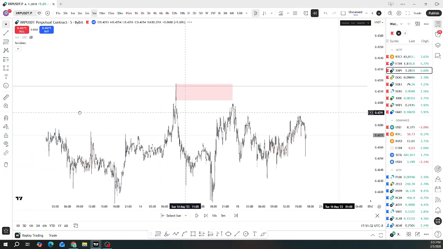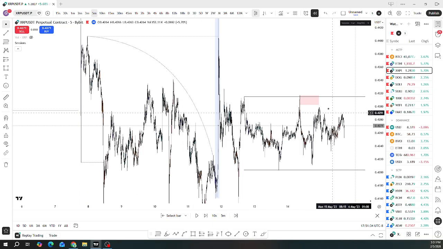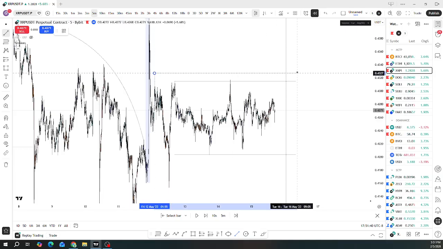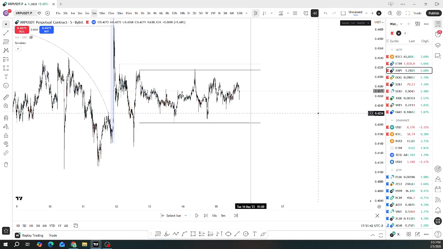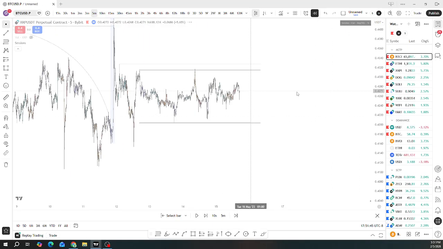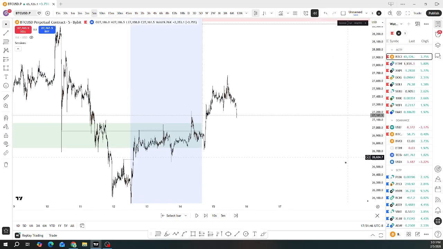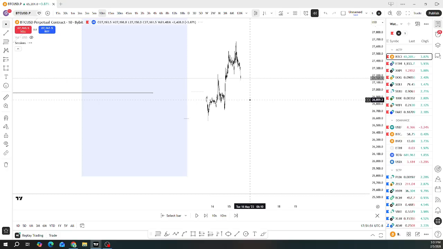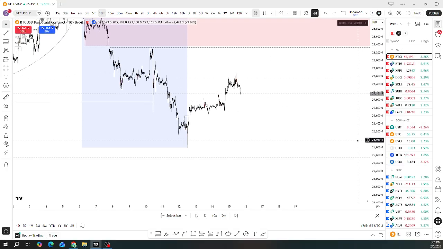Yeah, not really a third tap POI, so preferably just get a model 1, for example. Still not really liking the context necessarily. What is this? Okay.